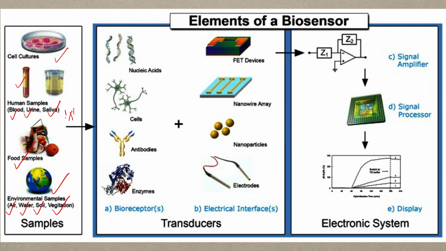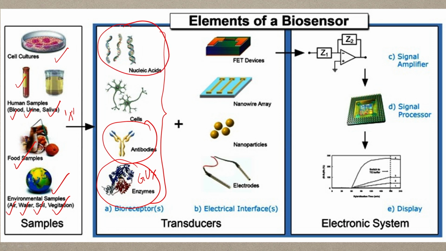Now, you have to use a biological element in order to identify it. It could be a nucleic acid, a cell, an antibody, or an enzyme, broadly. We have talked about enzymes, if you remember, when we talked about glucose oxidase. We talked about antibodies and nanobodies, and a little bit about nucleic acid hybridization.